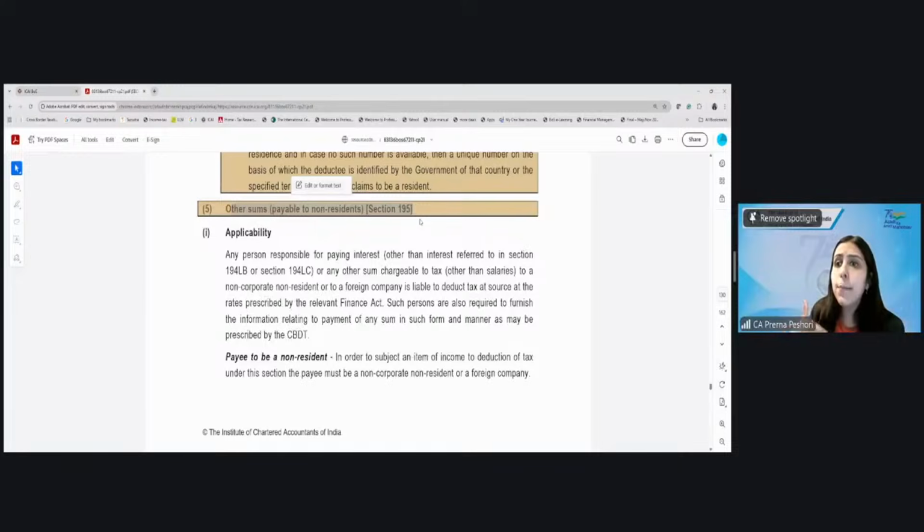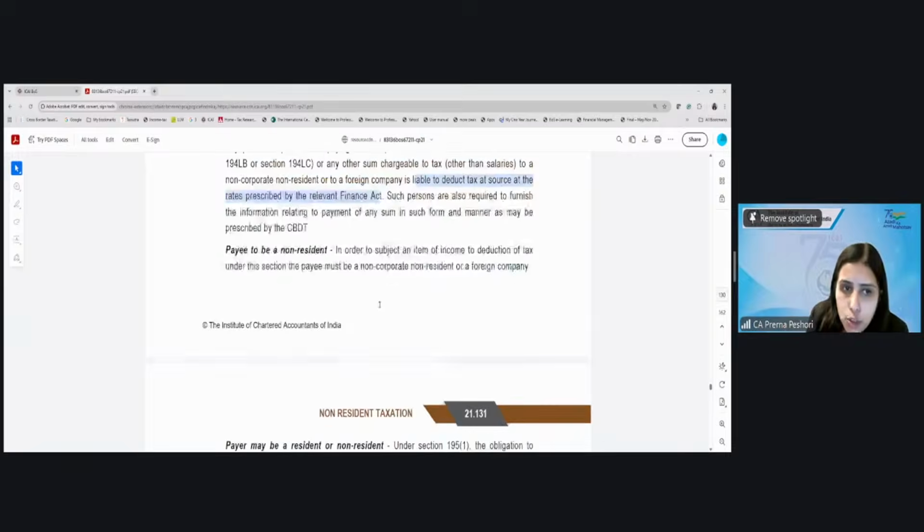Let's say, for example, if I pay an income which is not deemed to accrue or arise in India, then it is not something on which the TDS will be there. So it has to be a sum chargeable to tax. To a non-resident or a foreign company is liable to deduct tax at source at the rates prescribed by the relevant Finance Act. So the TDS will be deducted as per the rates of the Finance Act or the rate under the DTAA, whichever is beneficial to the assessee.